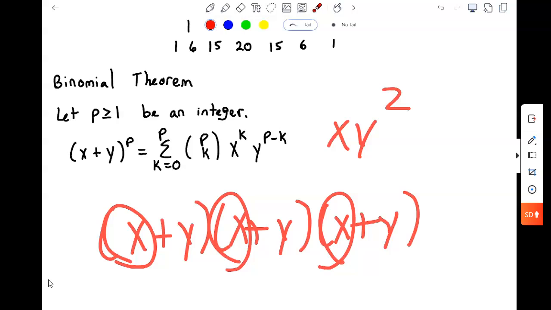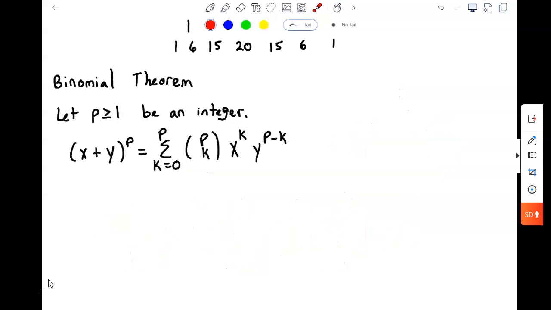That's why the coefficient 3 choose 1 is 3. And the next one, you'd want the term x squared y. So you'd have to pick 2 of the 3 x's. You can approach that by asking yourself, how many ways could you not get the x? In other words, just pick one of them to be a y. Then the other 2 would have to be an x. That would happen in 3 choose 2 ways.